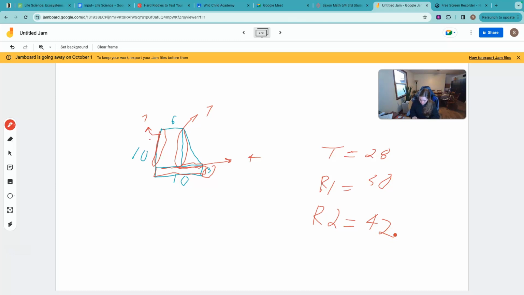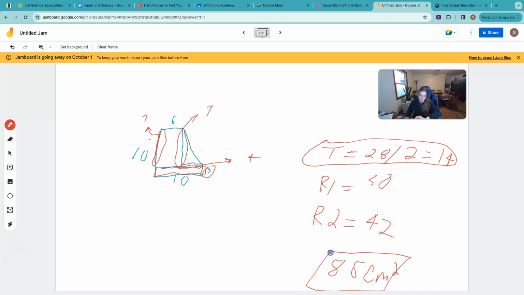So 28 plus 30 plus 42 equals... Oh, but wait. We almost forgot to do something. The triangle here, we need to divide by 2, which would equal 14. There we go. So we have 14 plus 30 plus 42. That would equal 86. Let's say our units are in centimeters, so 86 centimeters squared. That would be the answer for that one.